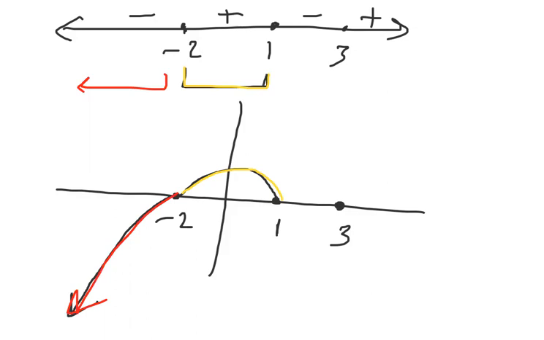And between 1 and 3 is negative, so the graph goes down. And above 3 is positive, that means the graph goes up. So this is the graph for the polynomial function.